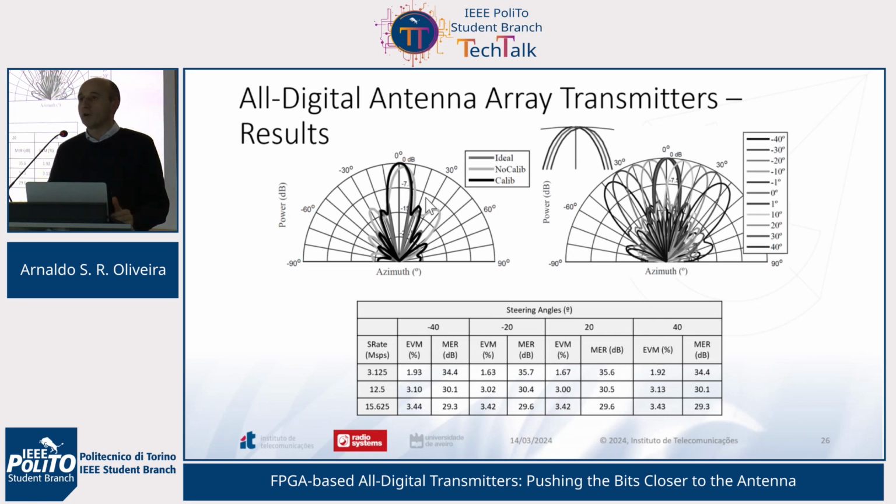But when we performed calibration procedures, we obtained the expected radiation diagram, and we were able to tune our beam from minus 40 to plus 40 degrees in azimuth using just this digital approach.